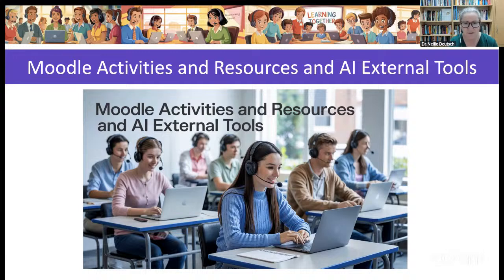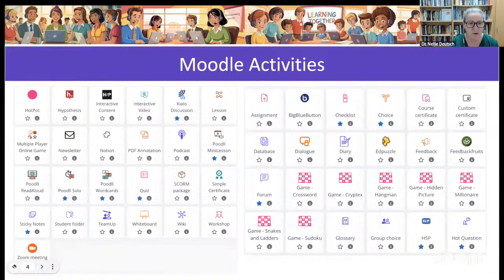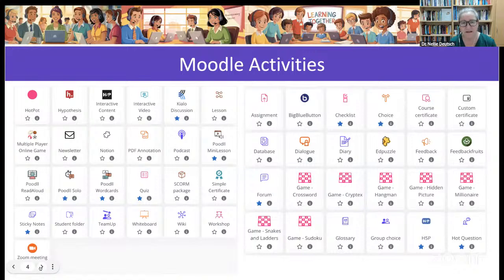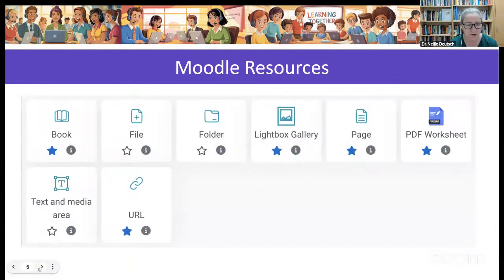So today we're going to look at Moodle activities and resources, since we'll be talking about your courses. You'll get a chance to not only look at the platform, at the admin, and at users, courses, and grades, but you'll have a chance to use all these Moodle activities and Moodle resources in one of your courses.